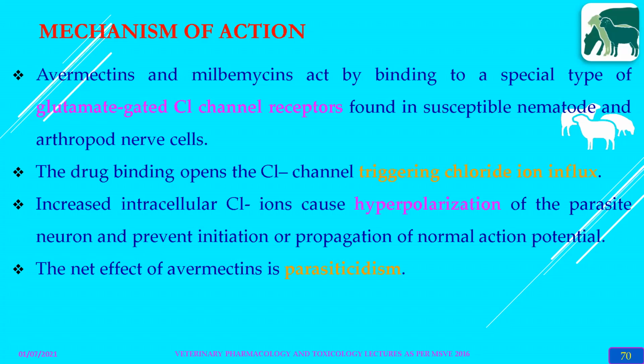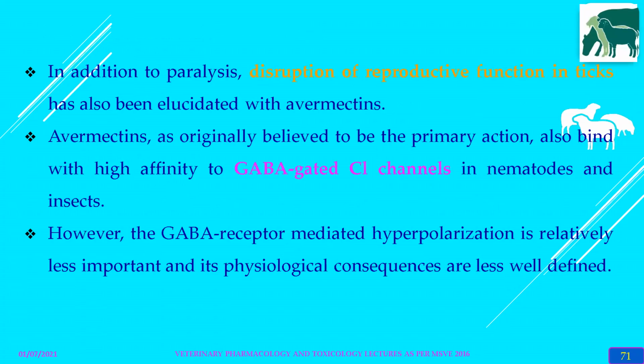So it binds to the glutamate-gated chloride channel receptor. Because of this, there is inward movement of chloride ions into the helminth cell. This causes hyperpolarization, and ultimately there is paralysis and death of the worm.